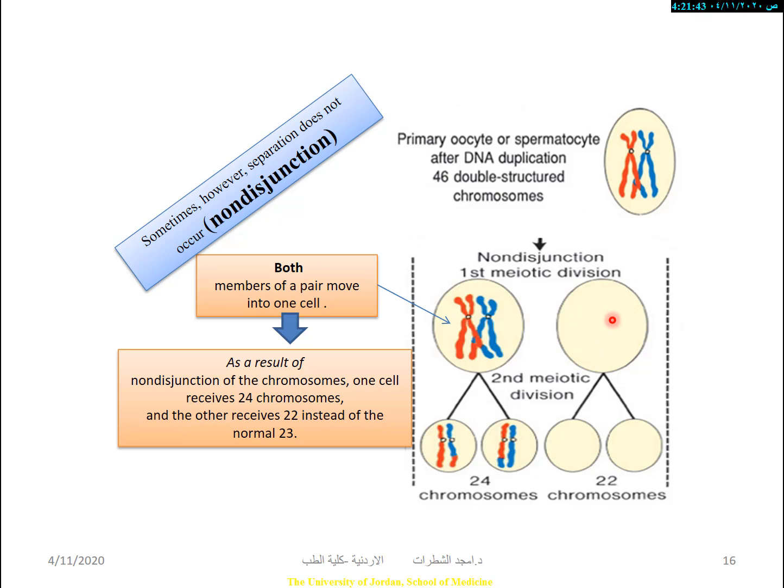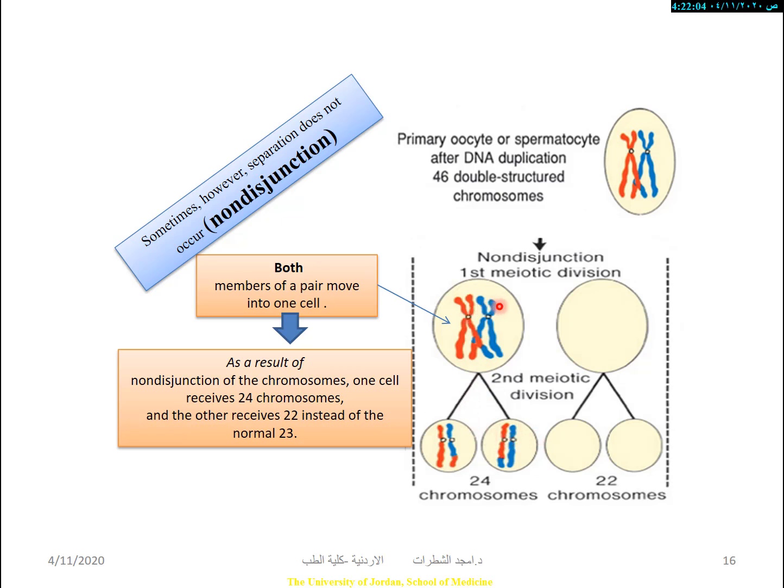This shouldn't be empty if this had been a human example. It could be 22 chromosomes, and here should be 24 chromosomes. In this example, the non-disjunction happened during meiosis 1. It could just as easily happen during meiosis 2.